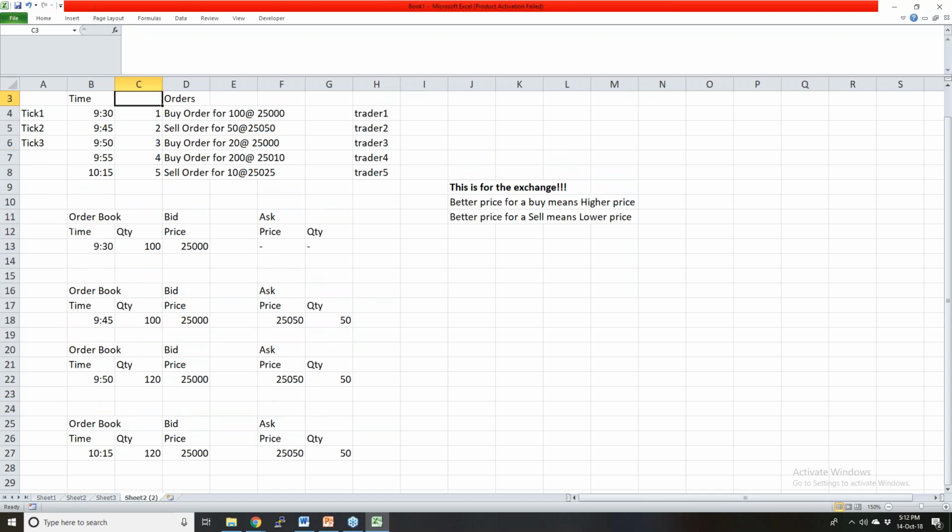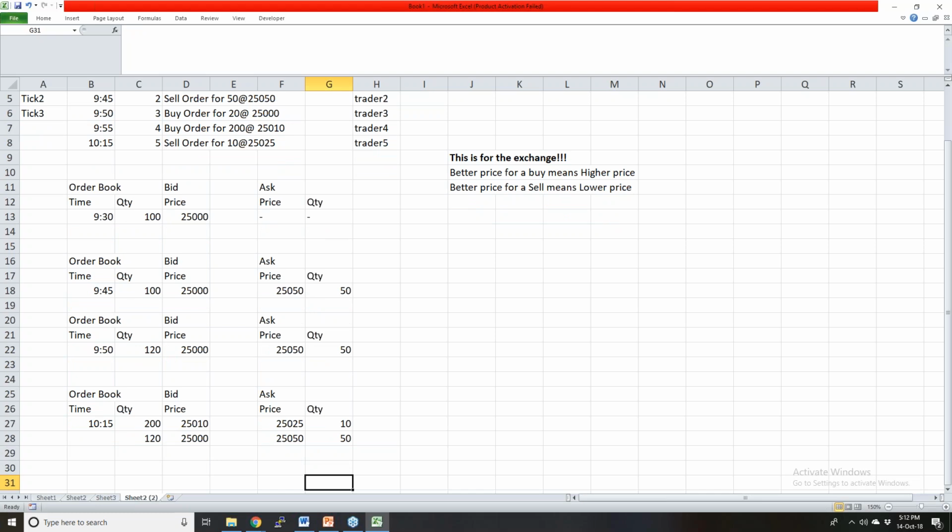We have 200 here, 250 at 10, and so I hope this part is clear, right? This is what I've been talking about, the order books. So this was clear, right?